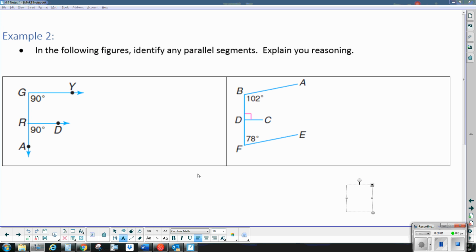Okay, let's look at this next example, and it says in the following figures, identify any parallel segments and explain your reasoning. So in this first box, angles GY, YGR, and DRA, these two angles are both 90 degrees. Okay, that means that GA is perpendicular to GY and it's perpendicular to RD.